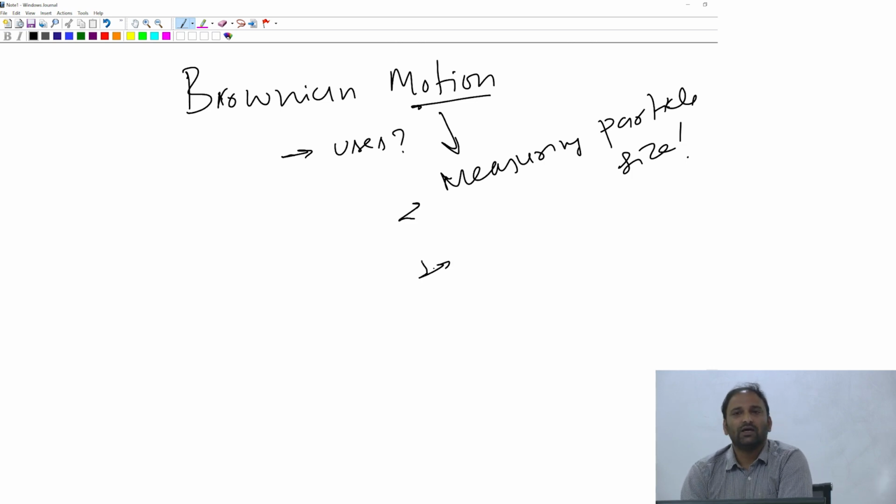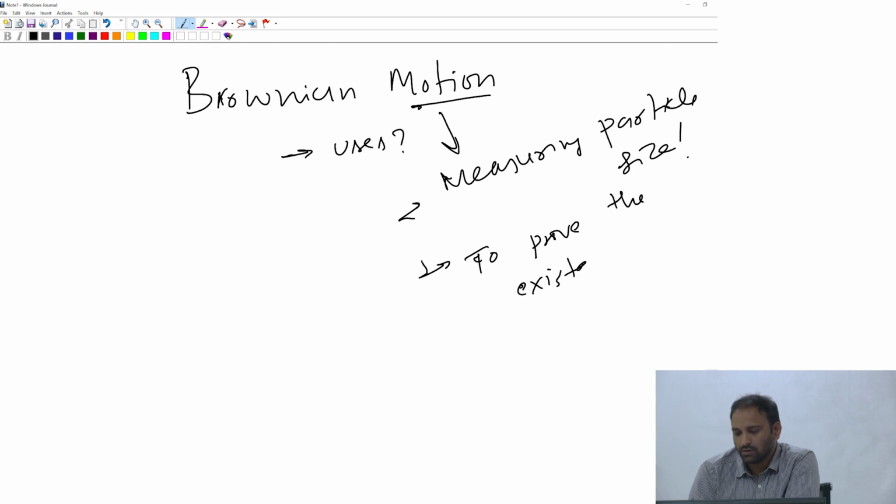Number two, people have also used Brownian motion to prove the existence of atoms and molecules.